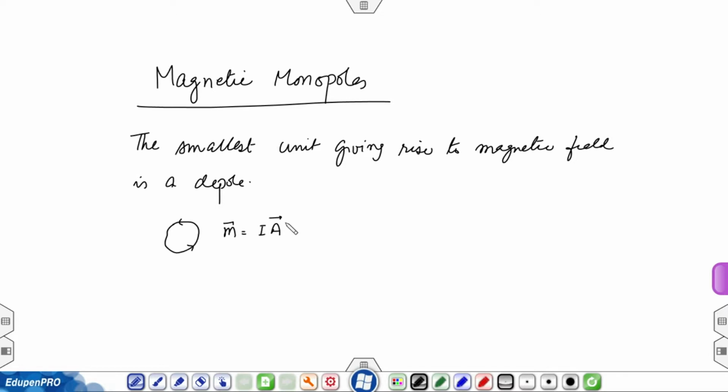However, an interesting question still arises: do magnetic monopoles exist? And this is a question people still talk about.